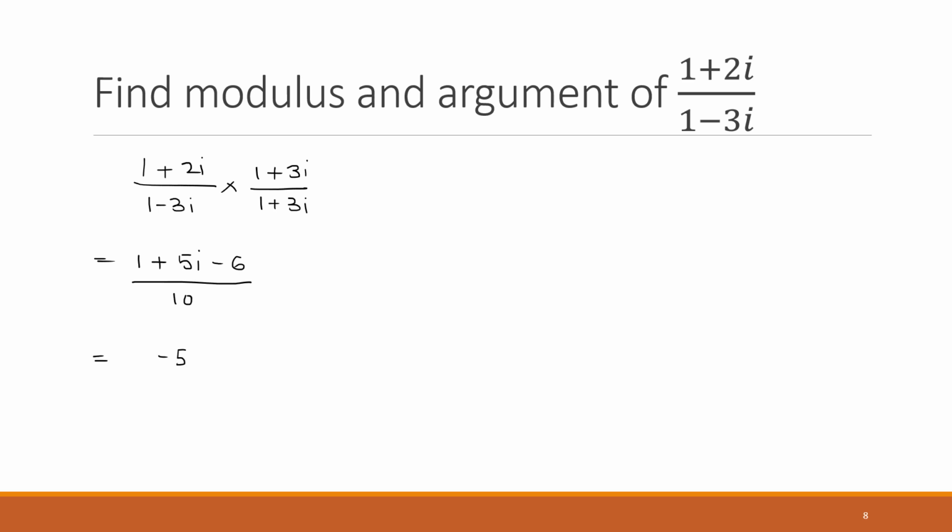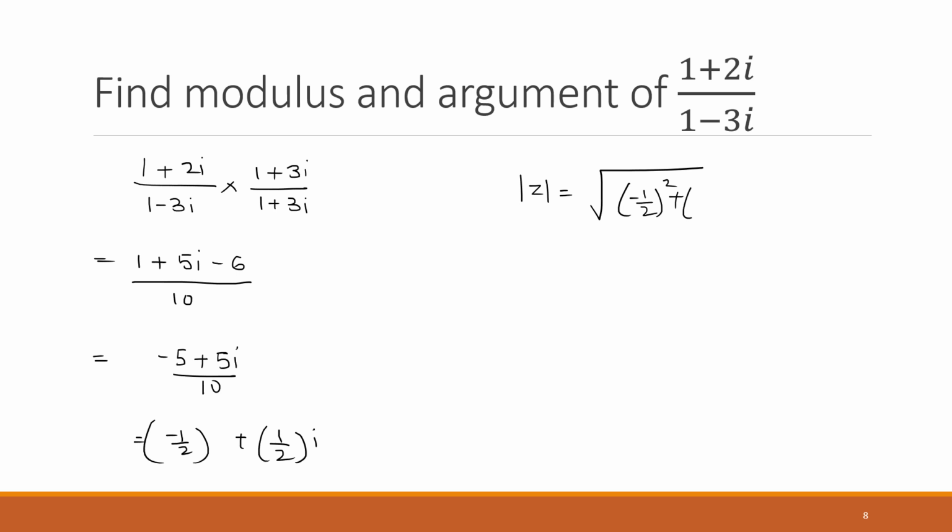So it will be (−5 + 5i) upon 10, that is −1/2 + (1/2)i. So how much will mod z come, children? Square root of (−1/2)² + (1/2)². Write the answer and then find θ. It lies in the second quadrant, so it will be π − tan⁻¹(1), that is 3π/4, and this will be 1 by root 2. Okay, understood? Clear everyone?